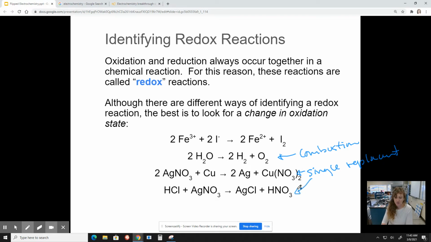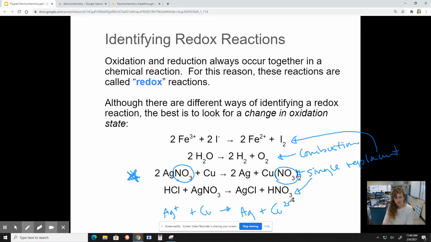Notice that this is also a single replacement reaction, and actually this is also a single replacement reaction. The only thing is the spectator ion has been removed. In this third reaction, nitrate is our spectator ion. And if we take nitrate away and we just write the net ionic equation, then it becomes a very obvious redox reaction.